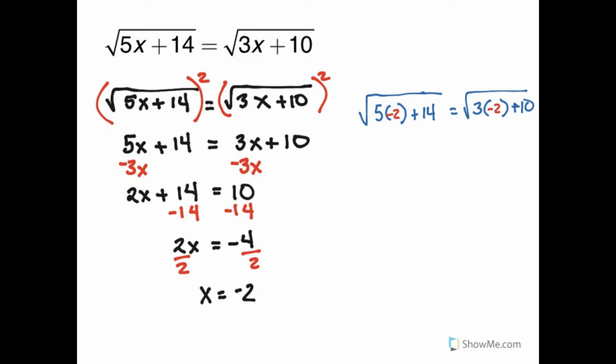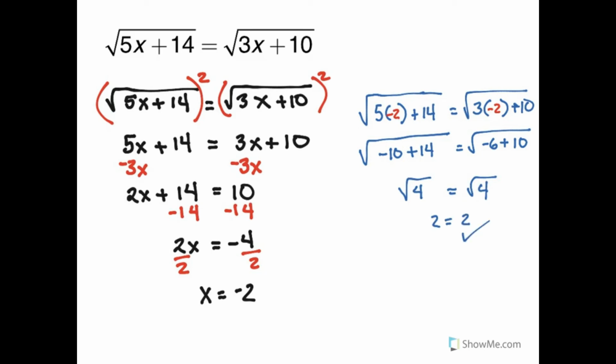So if I multiply 5 times negative 2, that's negative 10 plus 14. And if I multiply 3 by negative 2, that's negative 6 plus 10. So that gives me the square root of 4 is equal to the square root of 4, which is certainly true. And it's okay if the answer is negative as long as the expression in its entirety inside the square root is positive. So x equals negative 2 is a good solution.